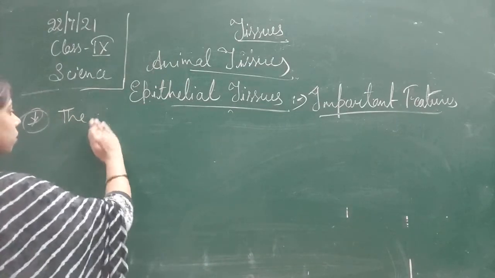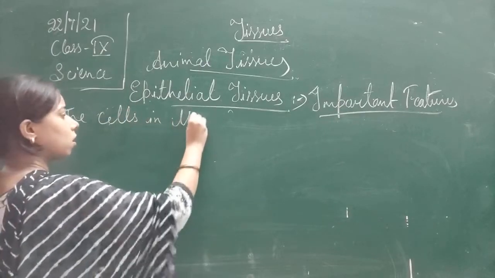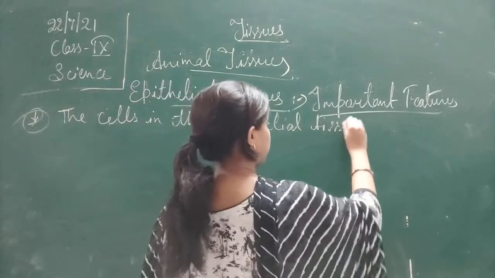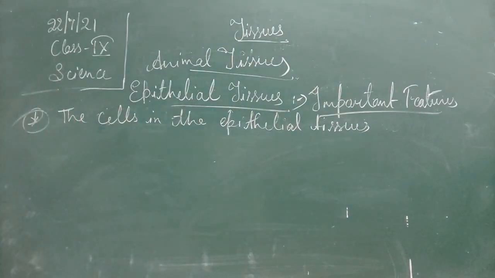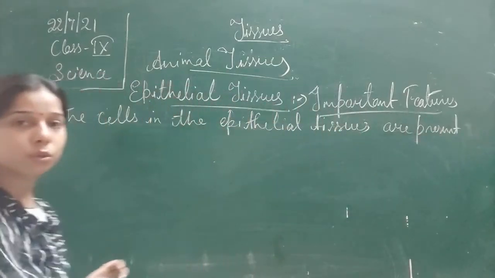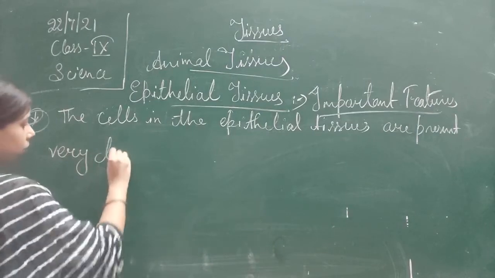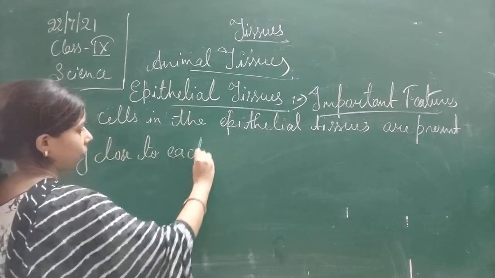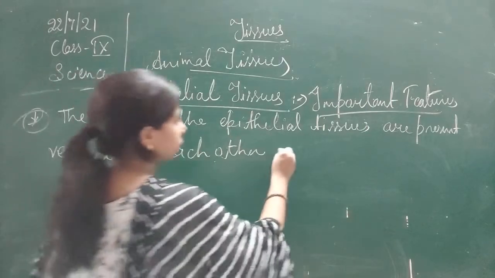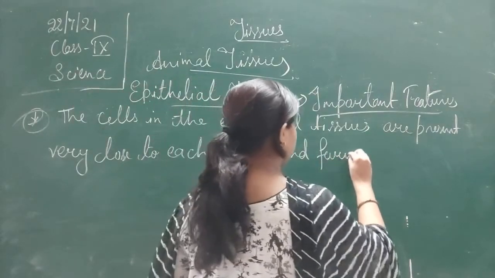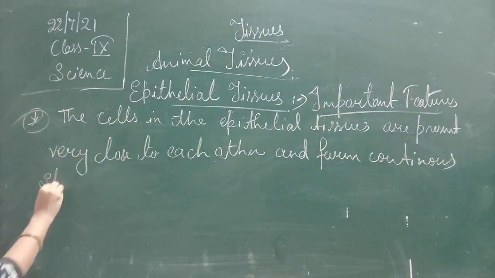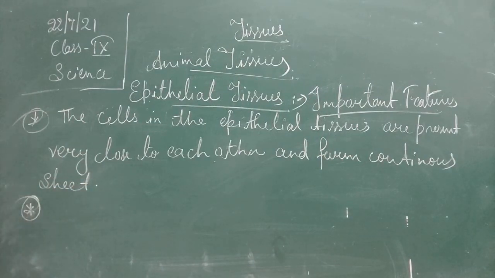So the cells in the epithelial tissue are present very close to each other and form a continuous sheath.